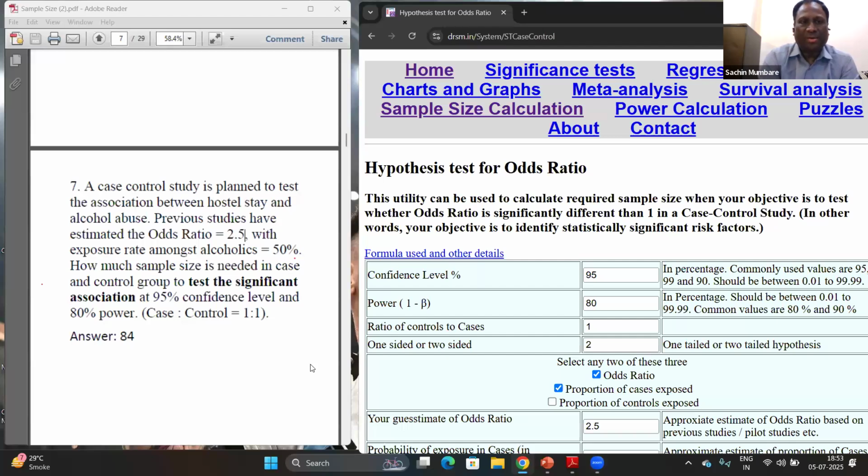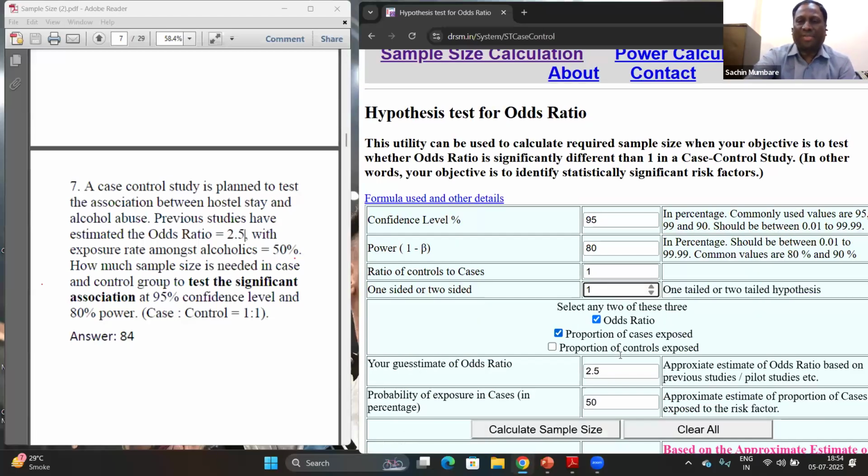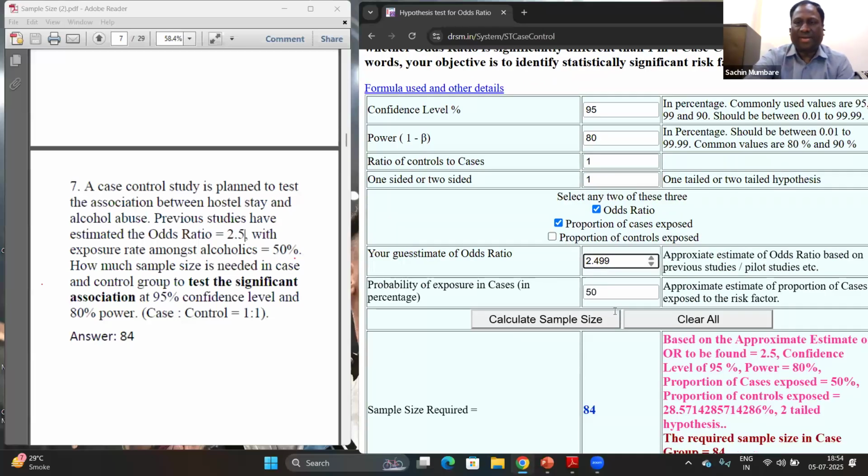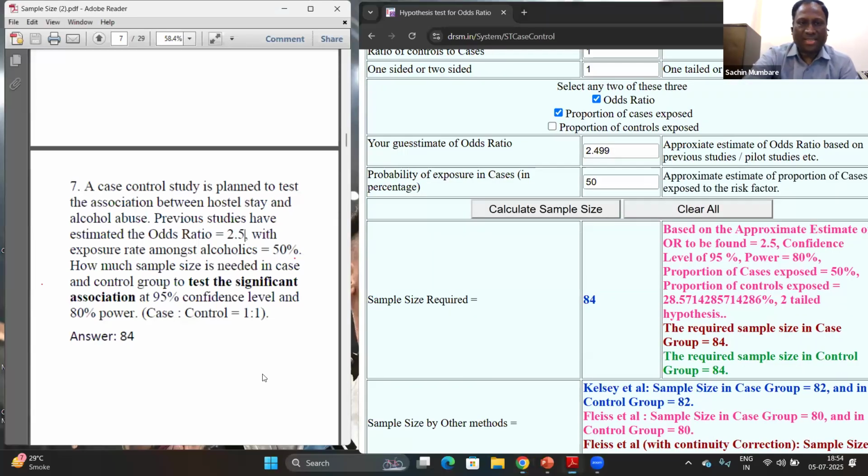The second objective is to find out whether that relative risk is significantly different than 1. Very good. Most of the times the second objective is used, whether the odds ratio or relative risk is significant or not.